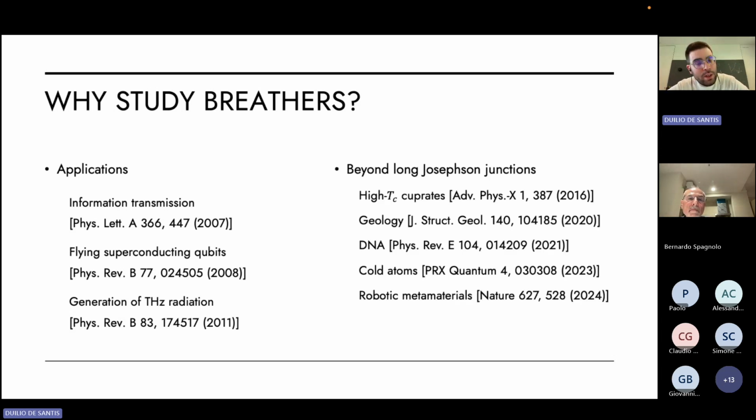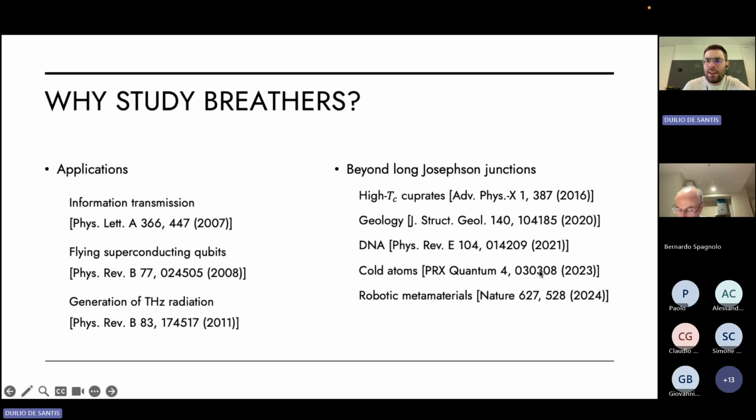But owing to the generality, universality of the sine-Gordon model, we can also look beyond Josephson junctions. These nonlinear excitations, such as breathers, are widely studied in natural systems. For example, they are actively studied in high-Tc cuprates, in layered superconductors, but also in geological systems, in biological systems, in DNA in particular. And they're also actively studied in ultracold atoms, for example, with atom chips.